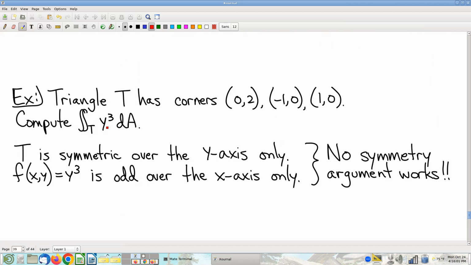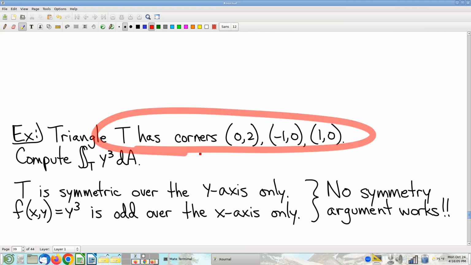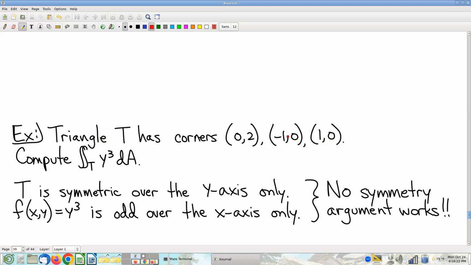Now here's a dangerous one. You see a domain here. It's got certain corners. Oh, look at these two corners right here are clearly kind of flips of each other, flipping over the y-axis. This is on the y-axis. This looks like a symmetric domain. We've got a symmetric domain.